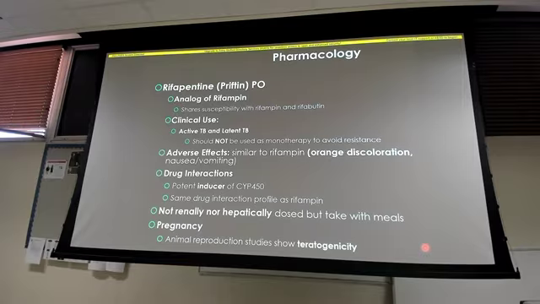Looking at our rifapentine, when do we use our rifapentine? Okay. All right. Very similar to all of the other drugs that we've talked about in this class with our very broad overview, we have it in our active, we have it in our latent, and we're not using it alone. So I just want you to remember a big thing with this is which course we were using it in.